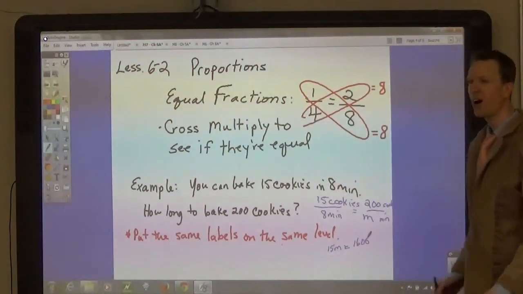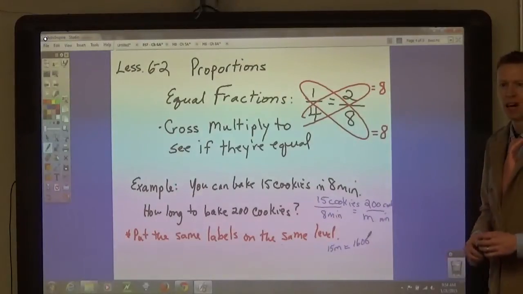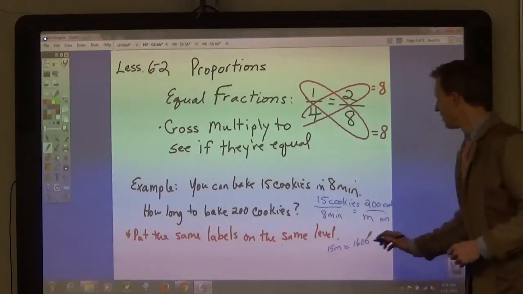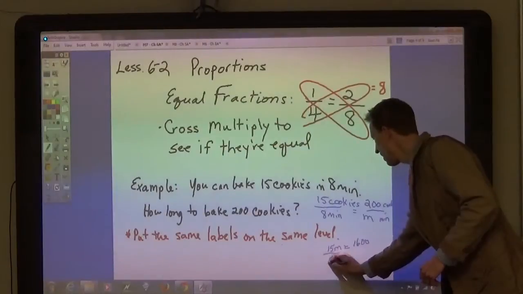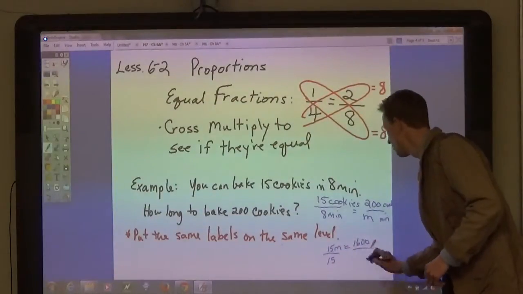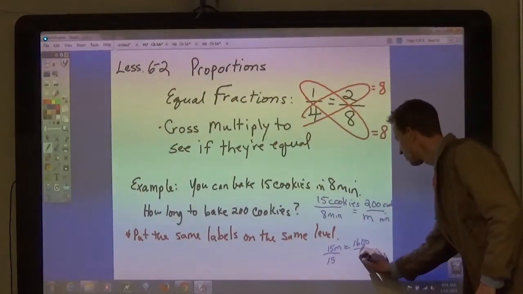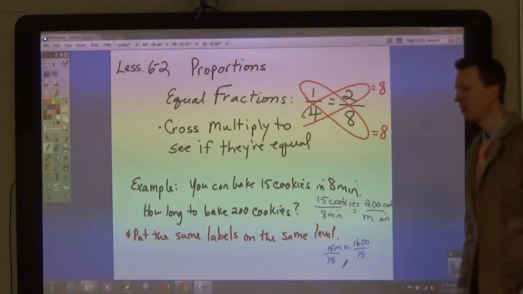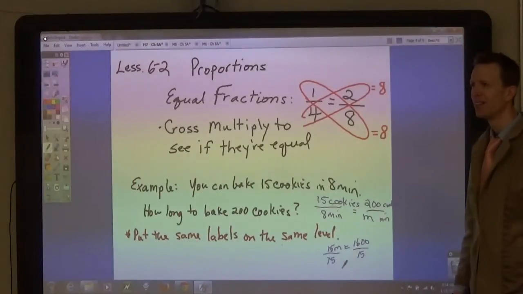Okay? Now, how do we solve for m? How do we find how many minutes then? We use algebra. Algebra skill. Divide both sides by 15. 15 over 15, you can cross those out. And m equals what?